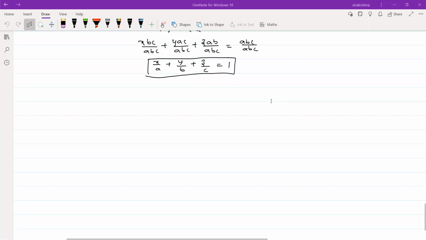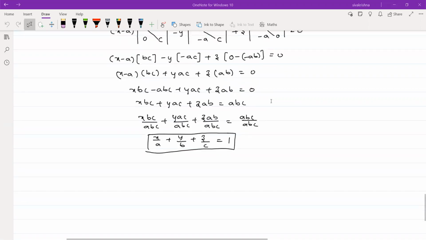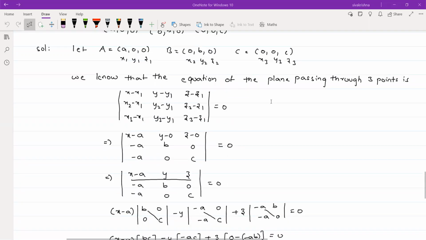Hello students, in our previous class we learned how to find the equation of the plane passing through 3 points.